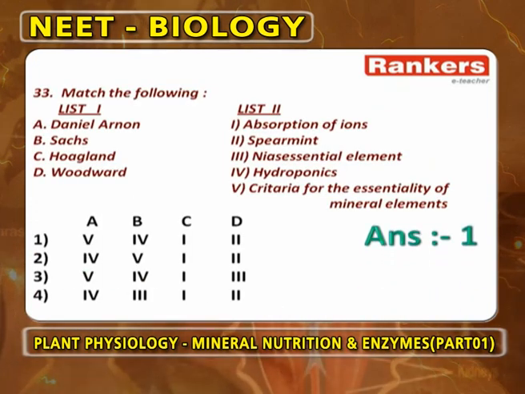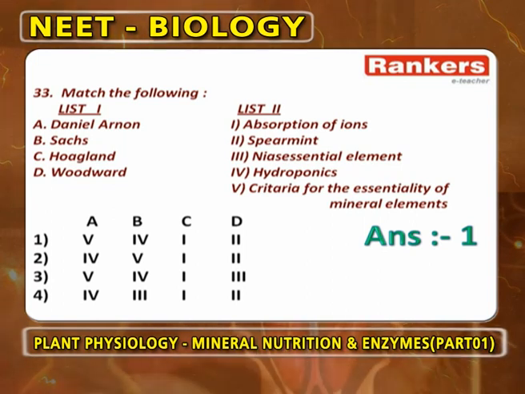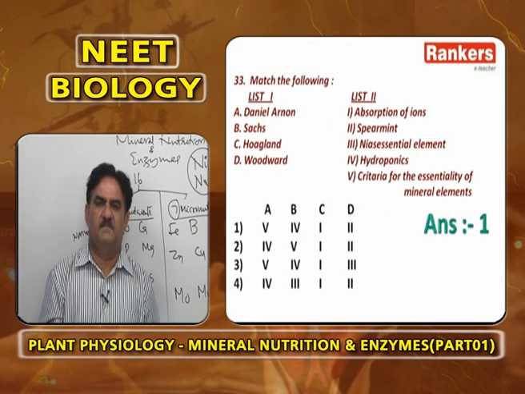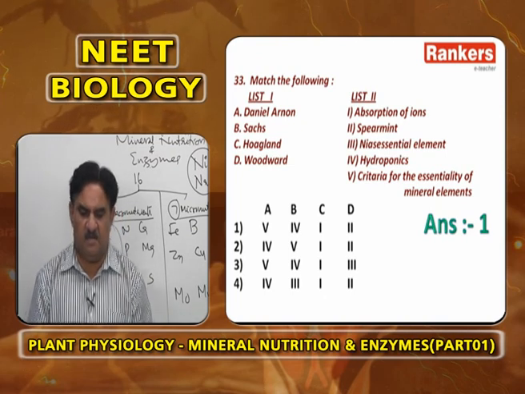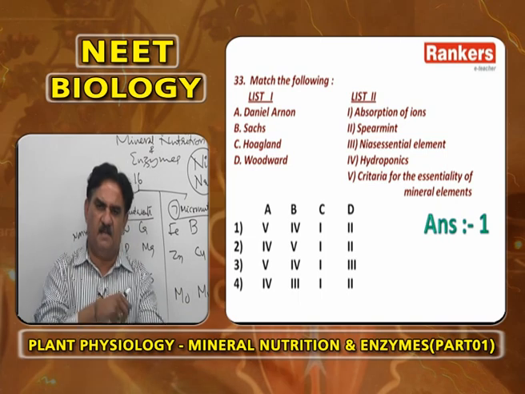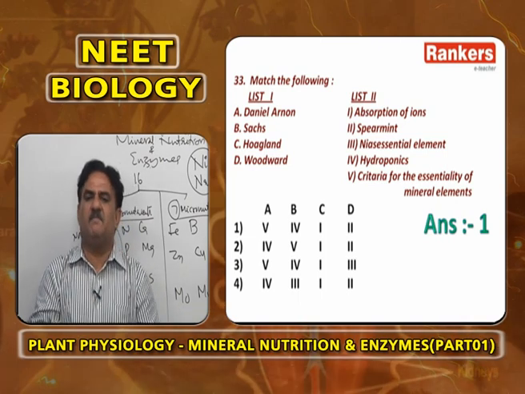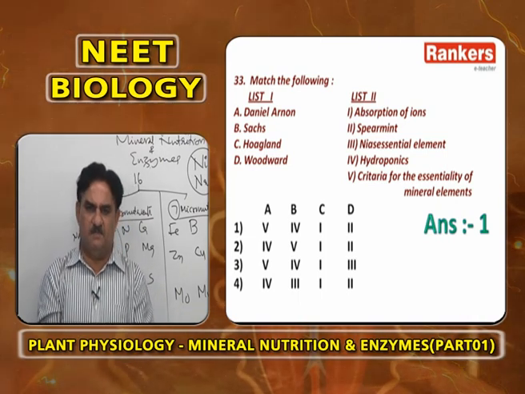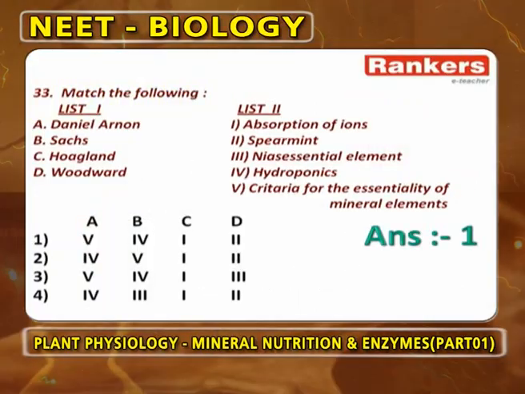Now, scientists Daniel Arnon, Sachs, Hoagland, Woodward. Daniel Arnon is known for criteria of essentiality of mineral nutrients. Arnon and Stout proposed criteria of essentiality. What is criteria of essentiality? Every mineral ion, when it follows three basic rules of this concept, is regarded as a mineral nutrient.